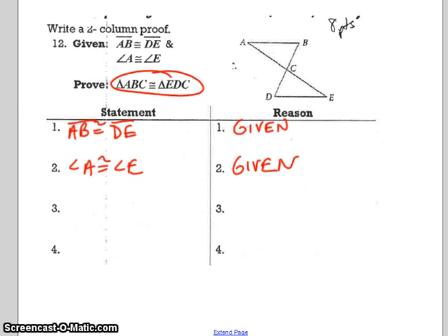We know that AB is congruent to DE, and we know that angle A is congruent to angle E.